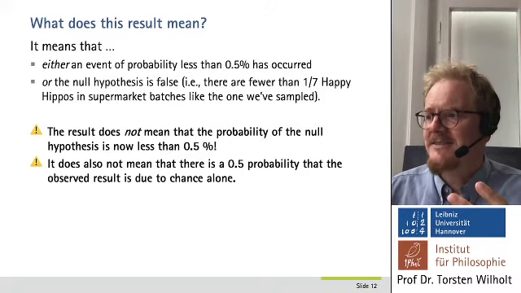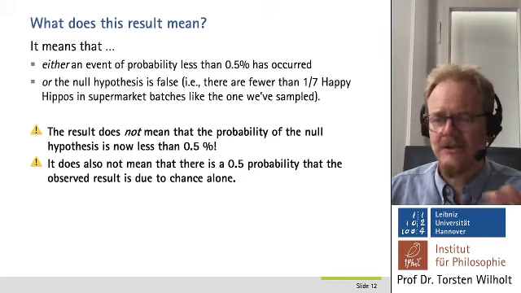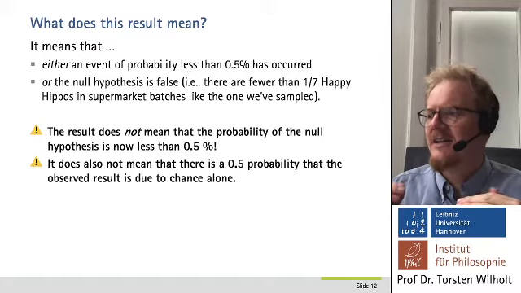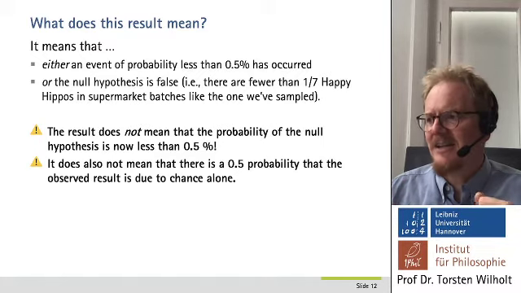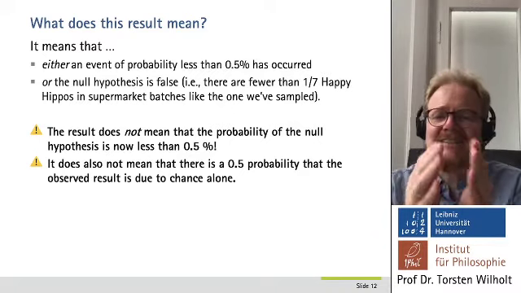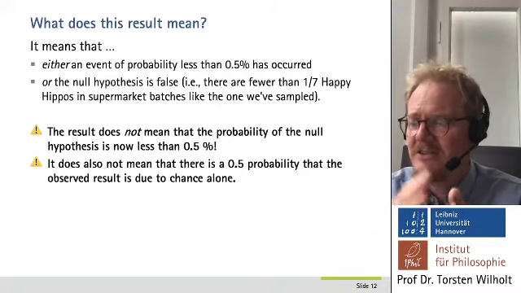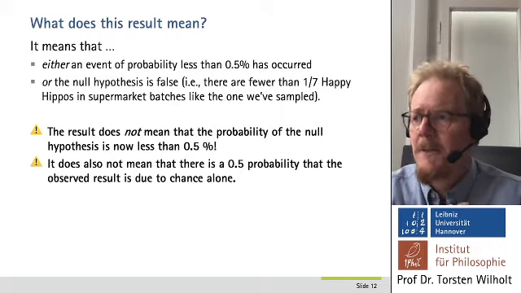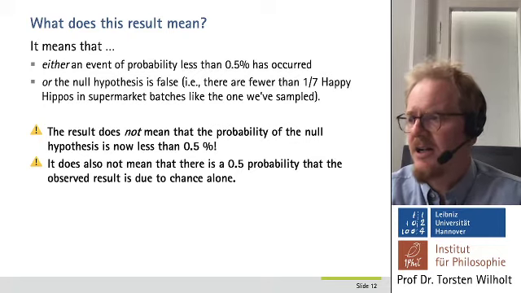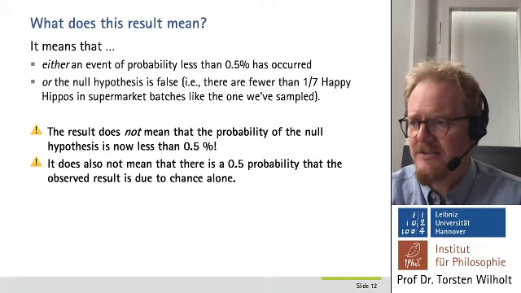And frequentists, dogmatic frequentists, who think that you have to think of probabilities in terms of relative frequencies, strictly deny that it even makes sense to attribute probabilities to hypotheses. And that's exactly what this framework is designed for, so that you don't have to do this. We don't attribute probabilities to null hypotheses.